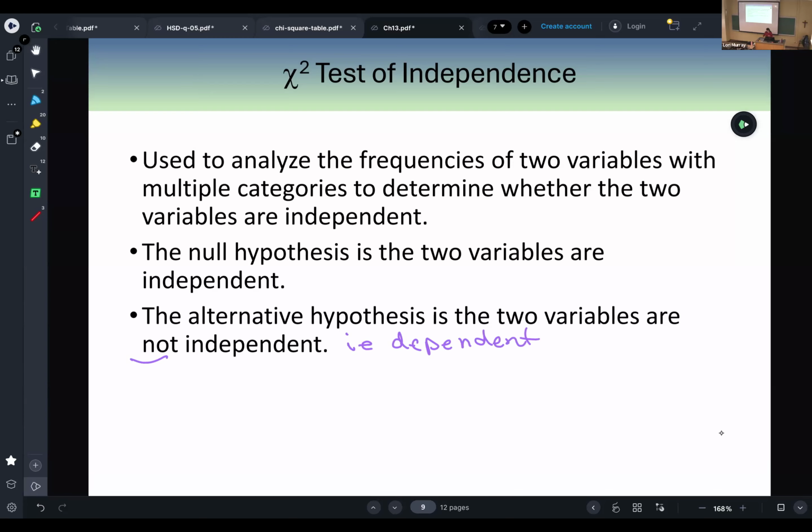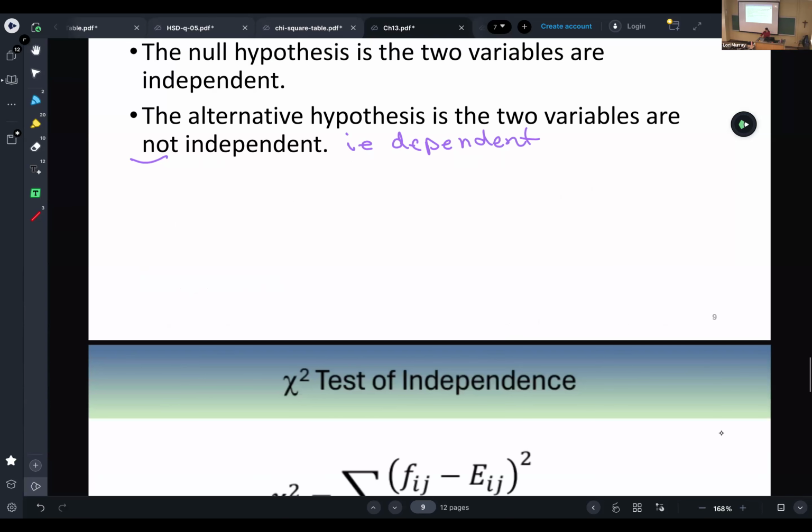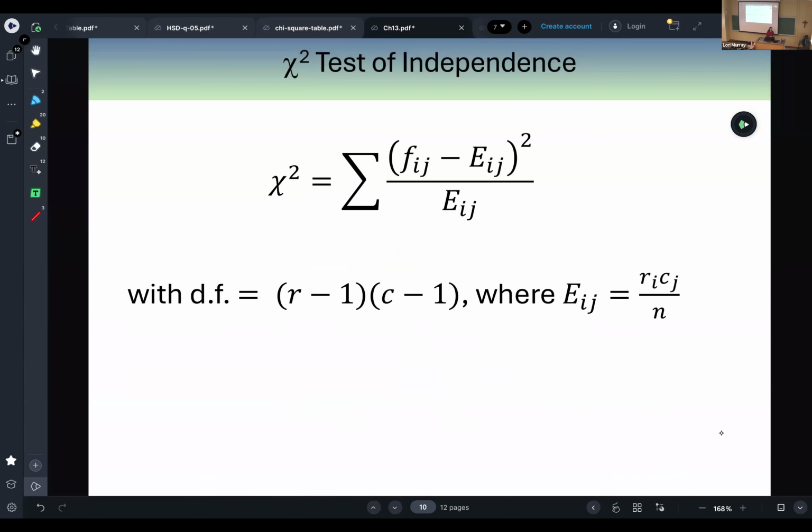The example I use is an accounting example. There's quite a few of you in accounting. This is the formula though, so we should look at the formula. The chi-square test statistic, because it's in a 2-way table, a contingency table, like a pivot table, you have your observed, minus E for expected. That's why they're E's, by the way.